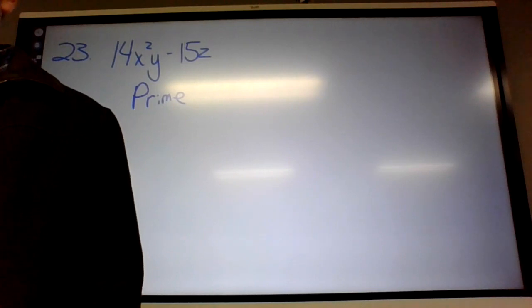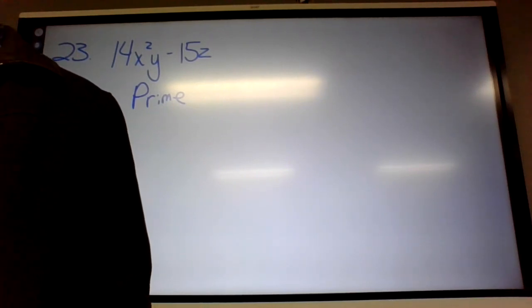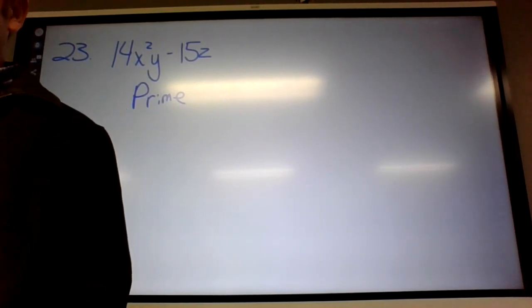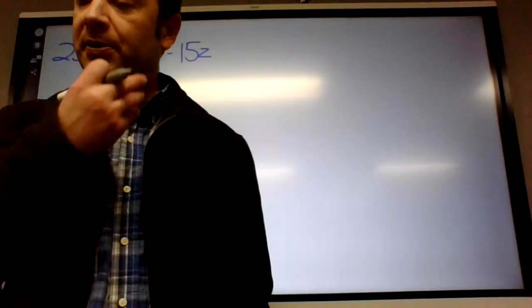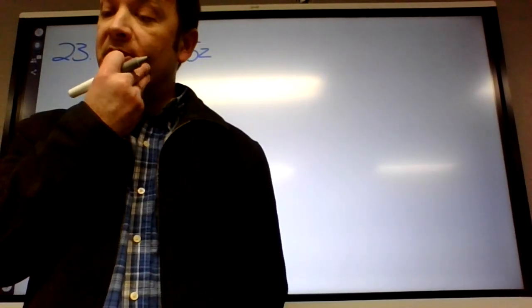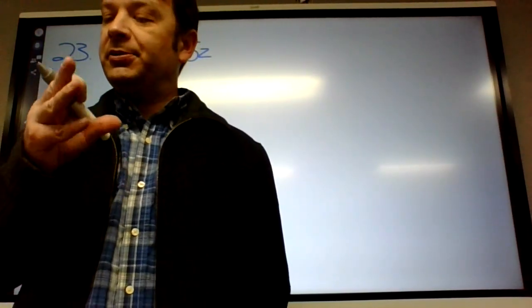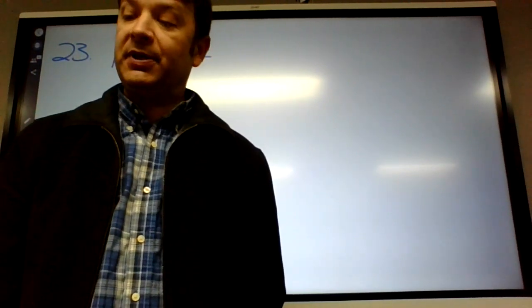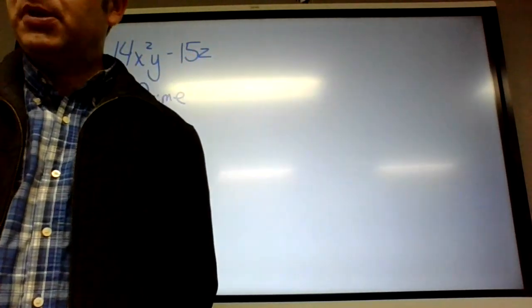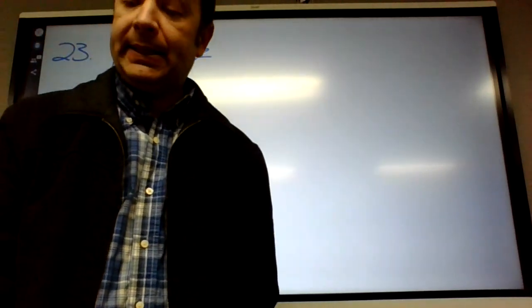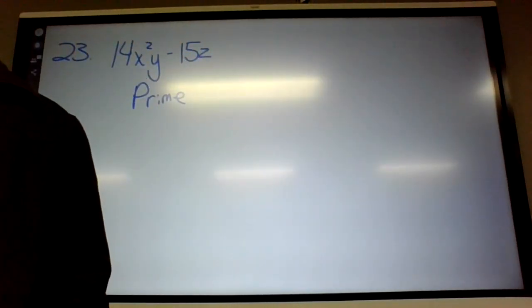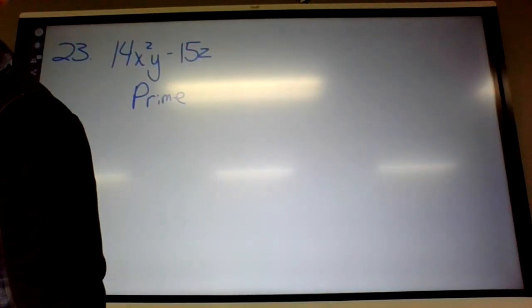Pi is actually a constant. It's not a variable, but either way, it doesn't really matter. You can take a 2 pi out of both of those. So when you take the 2 pi out, there should still be a negative left in the first term. You could take a negative 2 pi out, but let's not. Let's just take a 2 pi out.